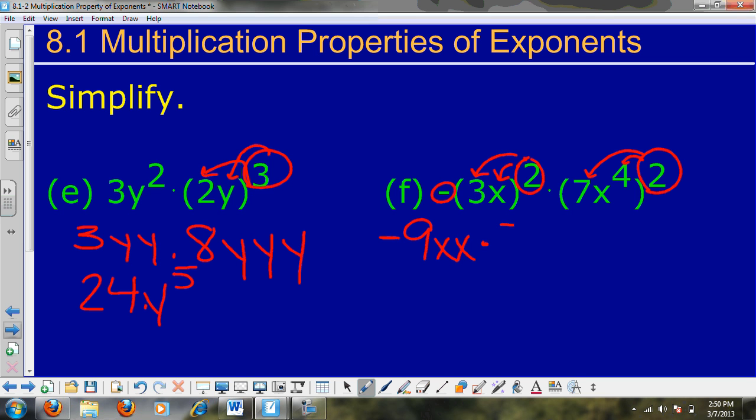So it becomes times 7 and then 4 x's and then 4 more. Okay, so there it is actually written out. If you want to simplify that, you get negative 63 x squared, x to the 8th. This becomes the 8th, right? 1, 2, 3, 4, 5, 6, 7, 8, 9, 10. Because 8 plus 2 is 10. Whoops, x to the 10th. My bad there.